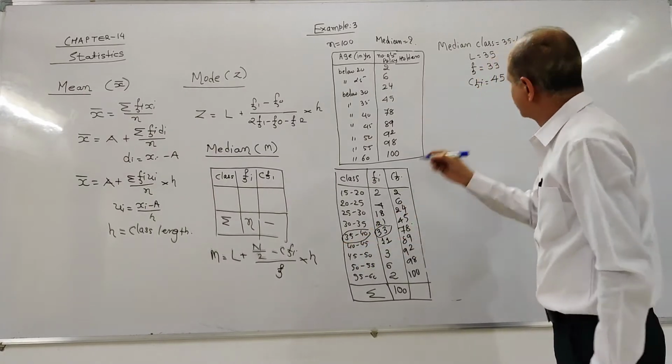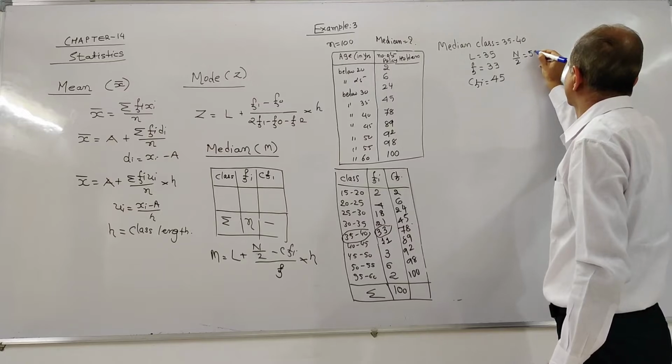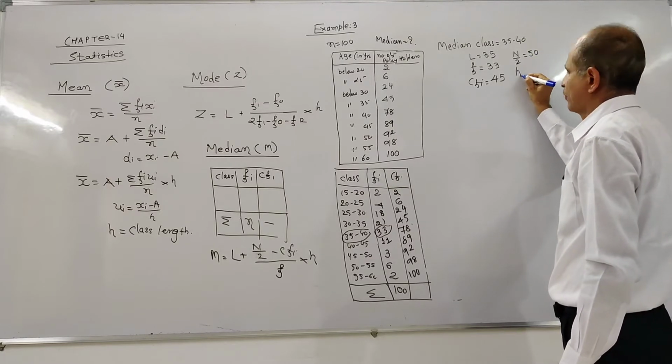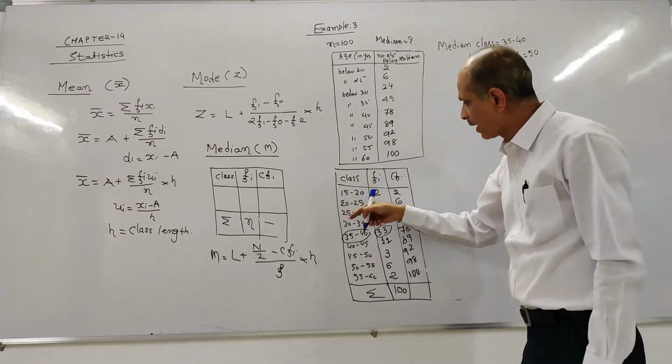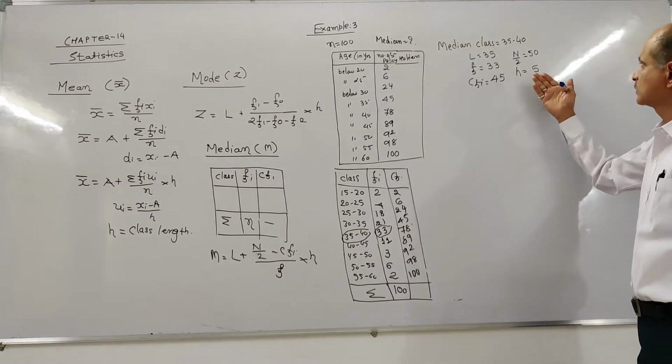And n by 2 is equal to 100 by 2 is equal to 50, and the value of h is 5, because the class length is 5. Now data is prepared.